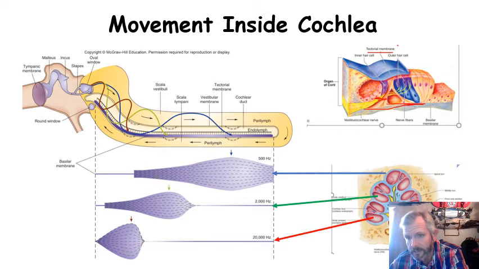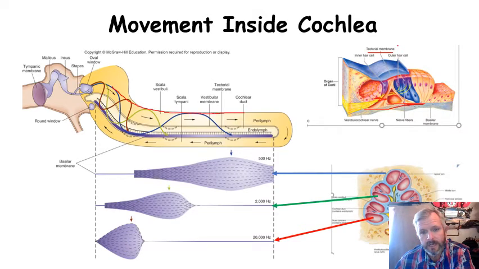Remember, they are housed in the tectorial membrane, and they are embedded on the basilar membrane. But here is that cochlea, and you can see this scala vestibuli, this channel here, is continuous with the scala tympani. So the sound waves come in through the oval window, and then move out through the round window. There is the stapes.